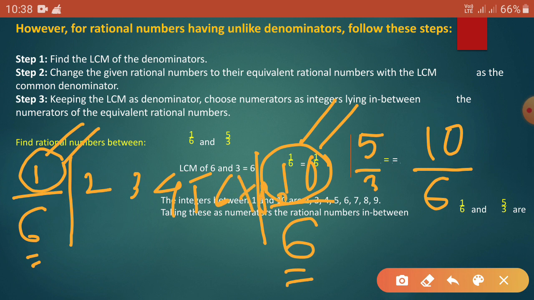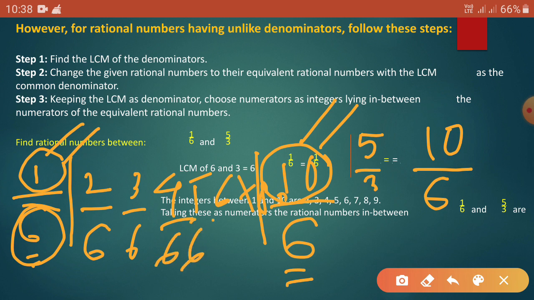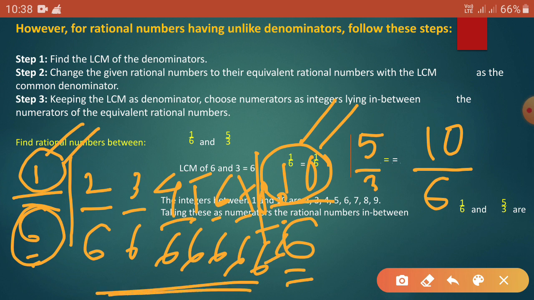We divide them by 6 as the denominator is 6, so we have the rational numbers 2 by 6, 3 by 6, 4 by 6, 5 by 6, 6 by 6, 7 by 6, 8 by 6, 9 by 6. Got it? So if the question is to find the rational numbers between two rational numbers with unlike denominators, we can find them using these steps.